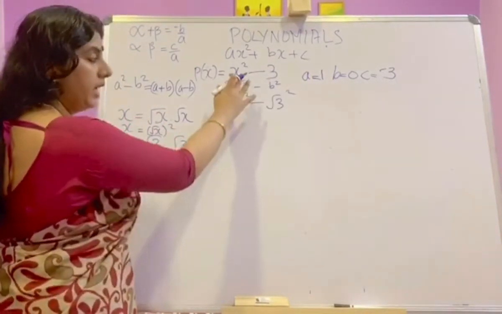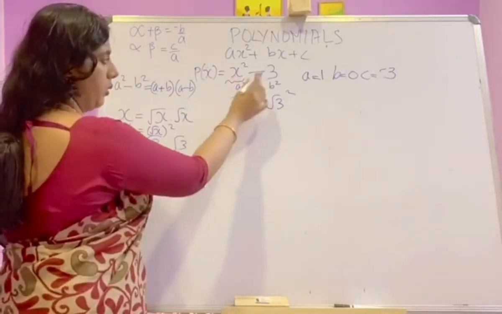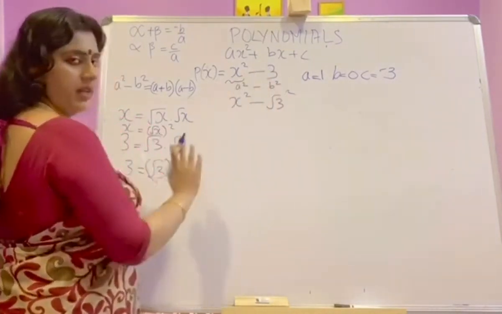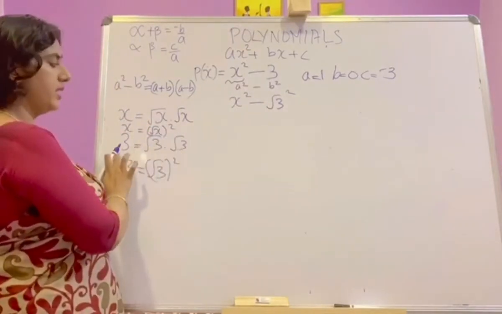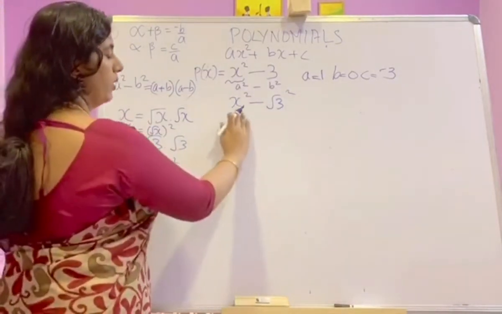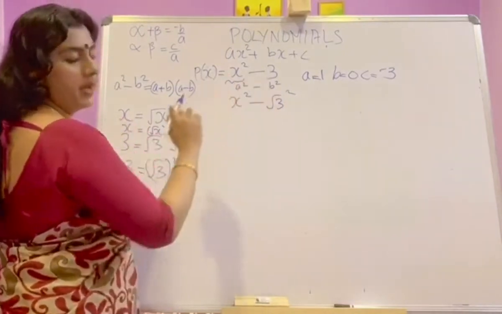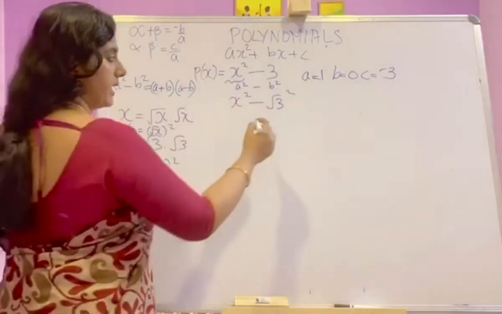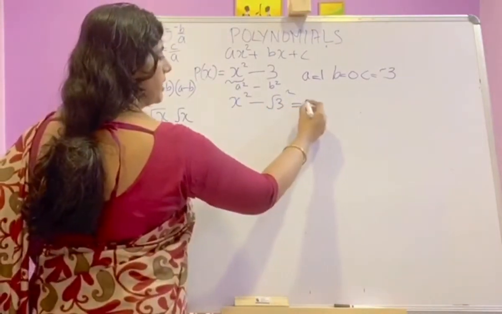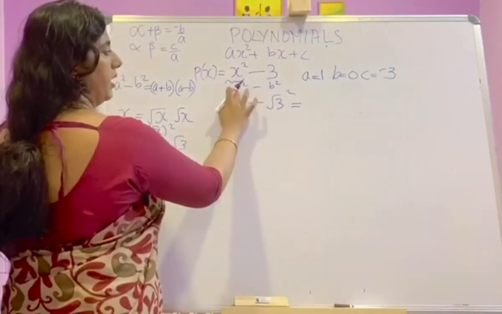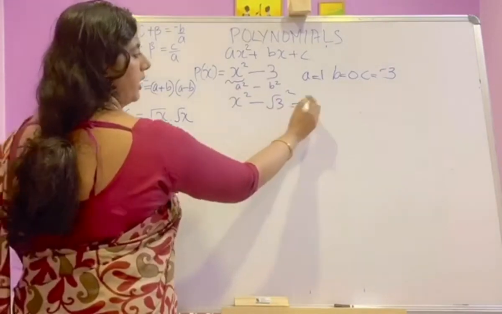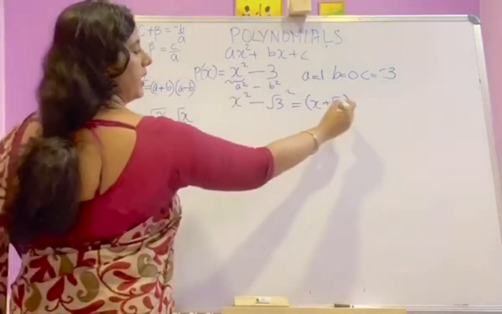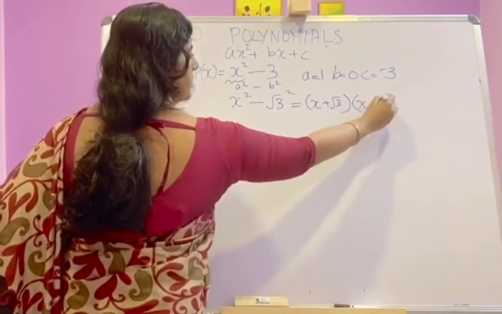So this 3 we can rewrite as root 3 square. We are not making any change in the equality but just rewriting 3 as root 3 square because root 3 square is 3. We want this in the form a square minus b square. Now a plus b into a minus b is the expansion. This we can write as a plus b is x plus root 3, into a minus b, that is x minus root 3.